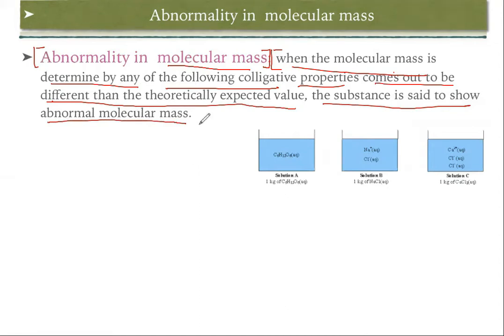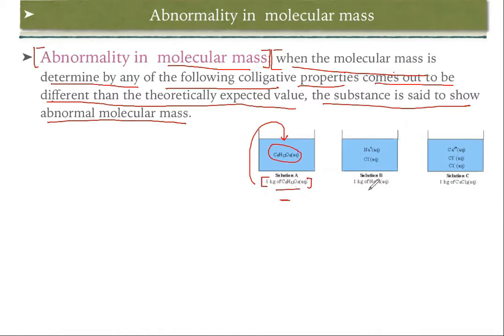So to understand this concept, let us go to the glucose. Okay, so in the first case, this is glucose. So we know that glucose is a non-electrolyte. So this first picture is telling about 1 kg of glucose. In the solution part, that remains as 1 kg because there is no dissociation of the glucose molecule.